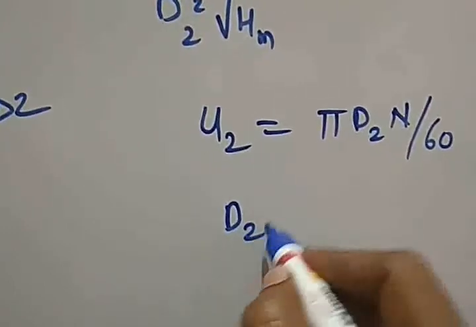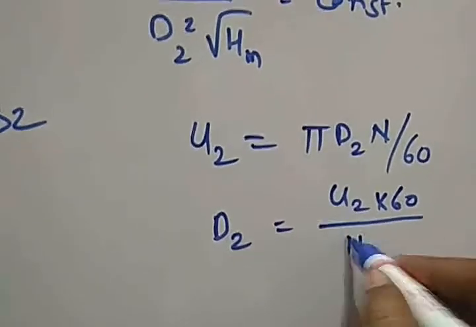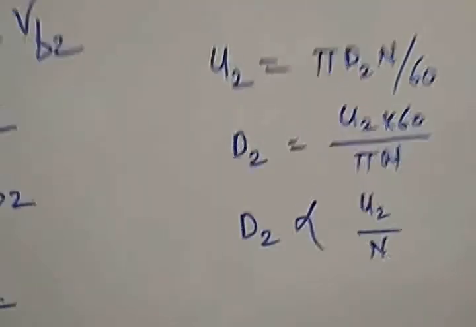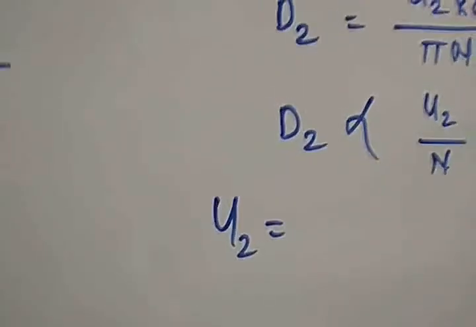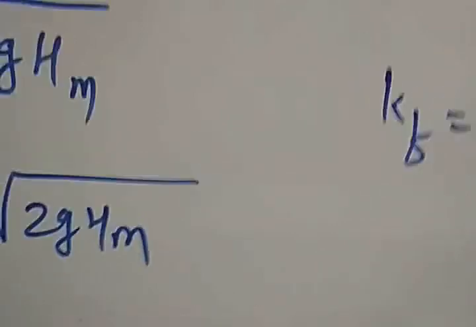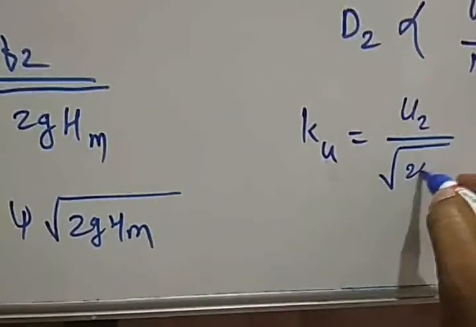Hence I can write D2 is equal to u2 into 60 divided by pi N. Hence D2 is proportional to u2 upon N, because pi and 60 are constants. Now from the speed ratio, Ku is given as u2 divided by under root of 2ghm.